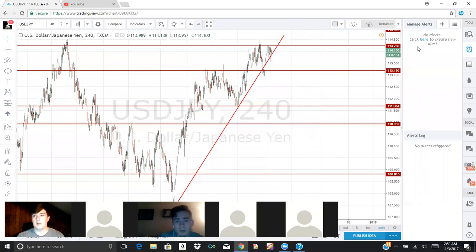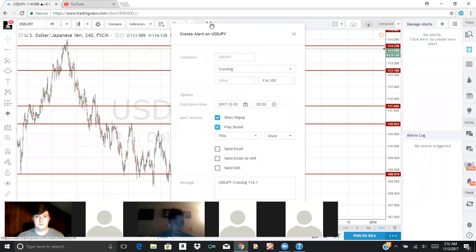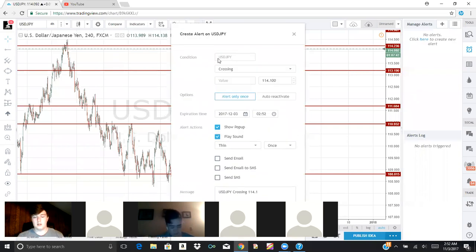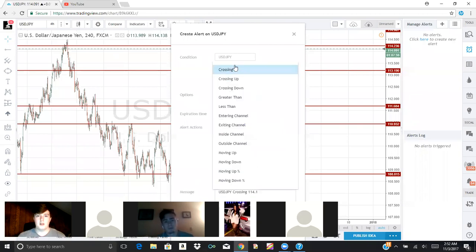Yeah. Okay, perfect. So you go over here to the alerts tab that's right here. You click on create new alert. And then it's going to say the condition, obviously, which is the pair that you're on. You click this, it's going to say crossing up, crossing down, greater than, basically all of this, right? And just pick what you want it to do.